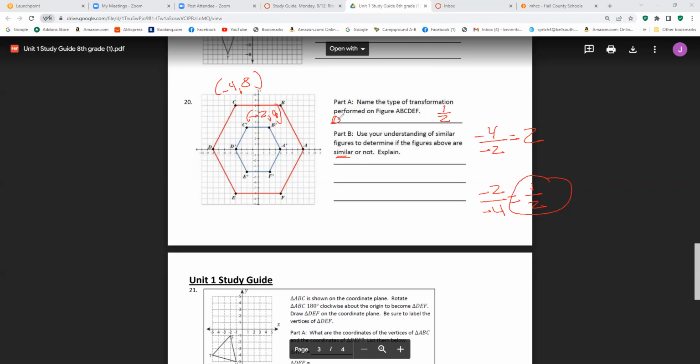So we would say dilation with scale factor of 1/2. And it appears that these two figures are similar because the blue figure is 1/2 the size of the red figure.